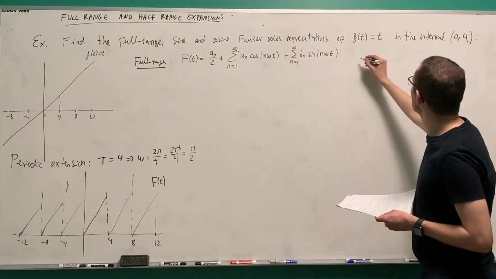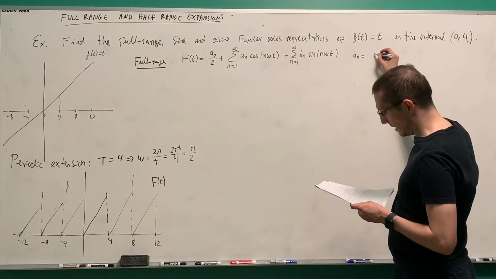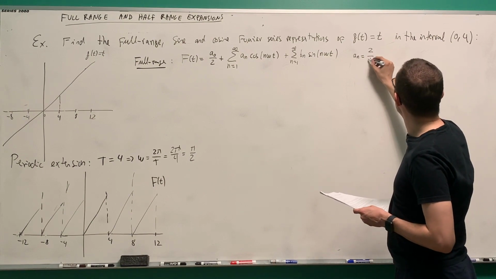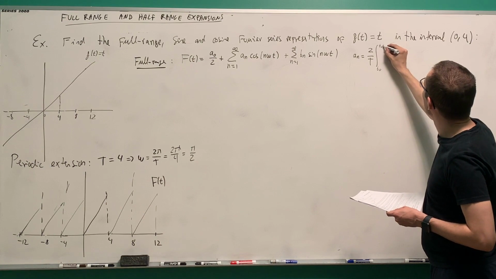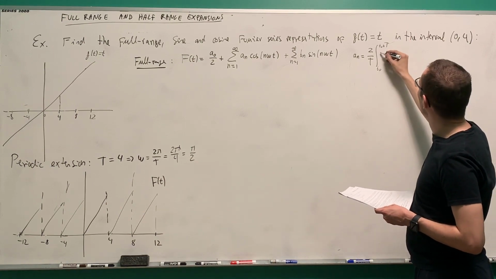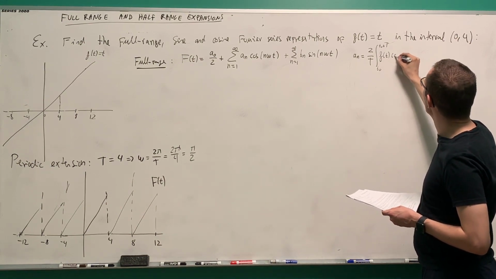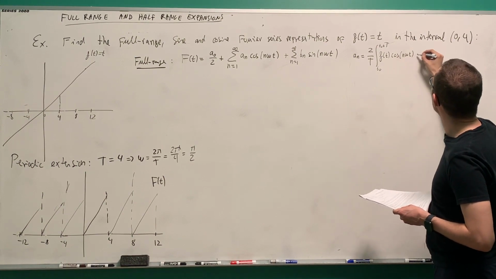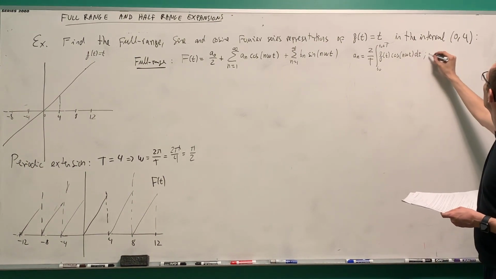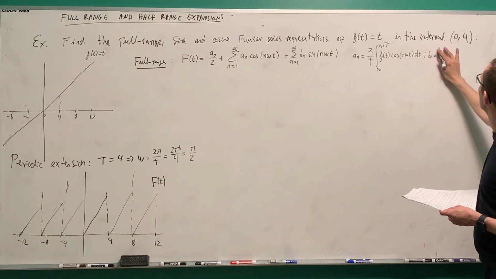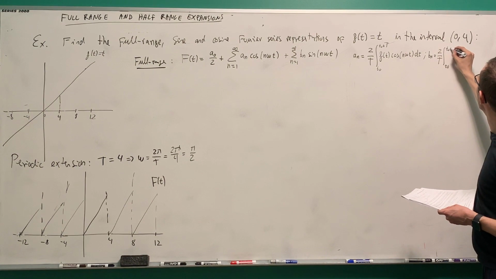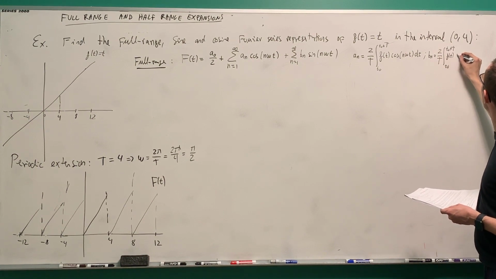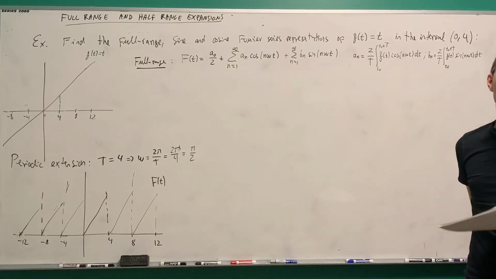And then let me write the expressions for an and bn. an is 2 over T integral, and we take some t0 to t0 plus capital T, of the function f of t cosine of n omega t dt, and bn is equal to 2 over the period integral from t0 to t0 plus T, f of t sine n omega t dt, where t0 we pick whatever is the best for computing.